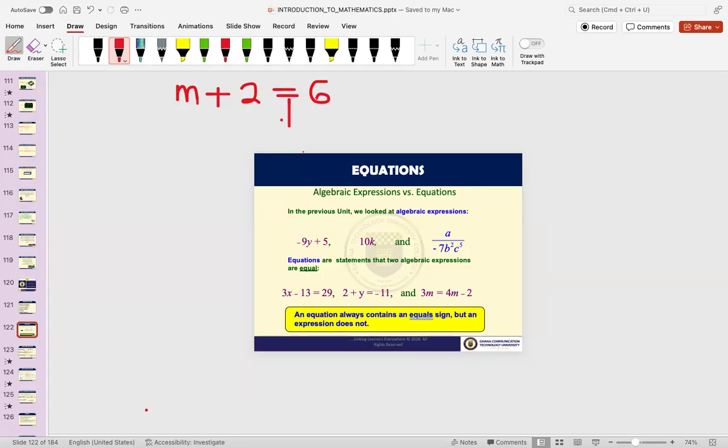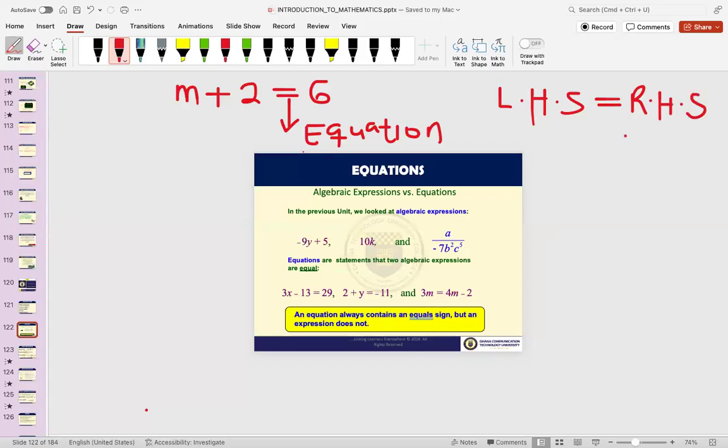Because of this equal sign, the above expression is called an equation, because the mathematical expression you have written here, all you are trying to tell everybody is that the left-hand side conditions are the same as the right-hand side conditions. That is what you are saying, that the left-hand side condition is equal to the right-hand side condition.